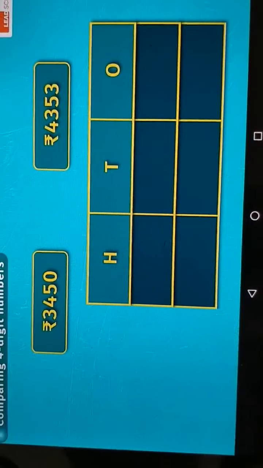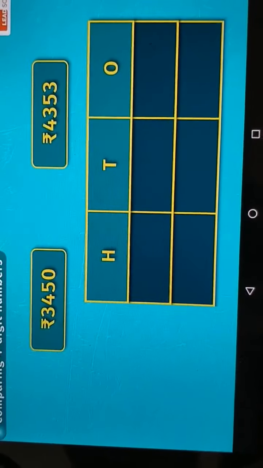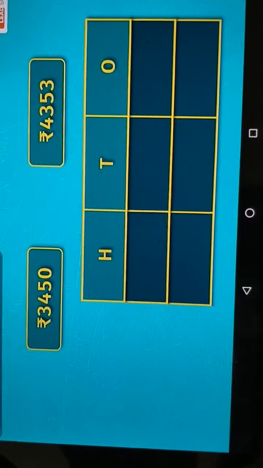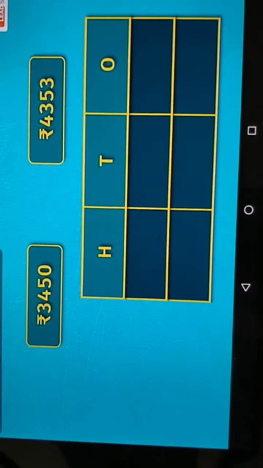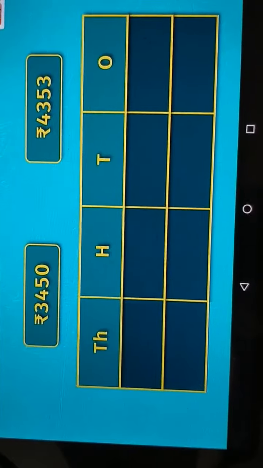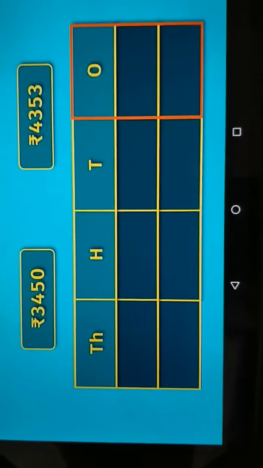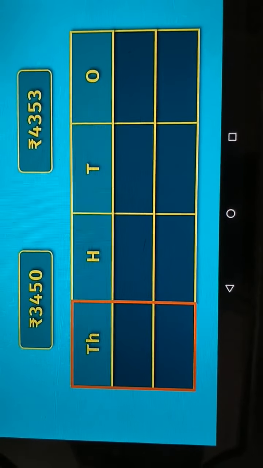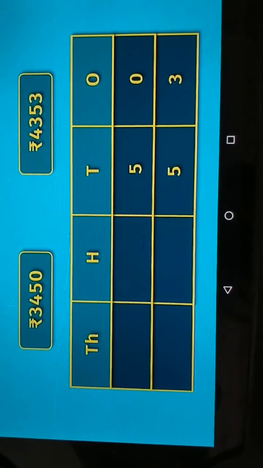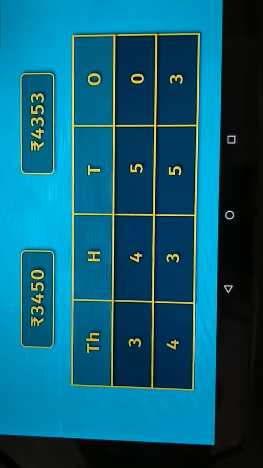How many columns should we draw in the place value table? Correct. Since we are comparing 4-digit numbers, we will draw 4 columns, namely ones, tens, hundreds, and thousands. Now, let's fill in the place value table with the given numbers.